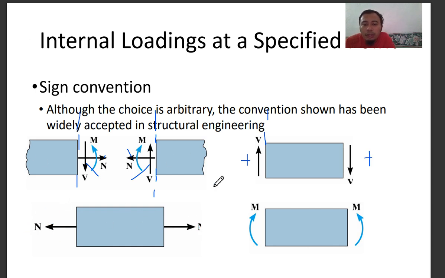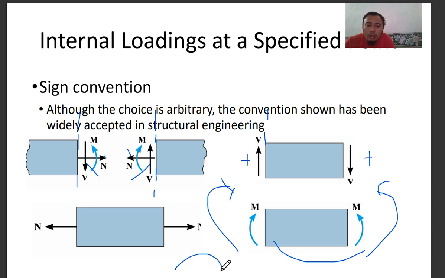And then moment: when your member bends concave like this, it is considered as positive. Instead, you can have a member like this, where the moment is producing a beam that is flexing upwards, the opposite of concave.